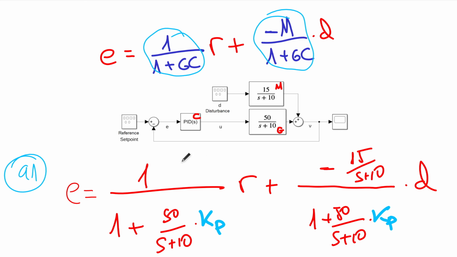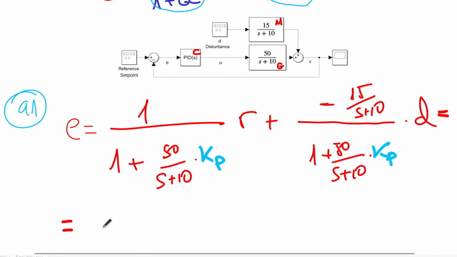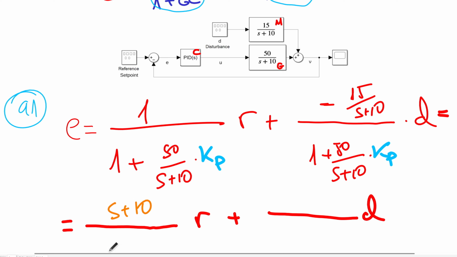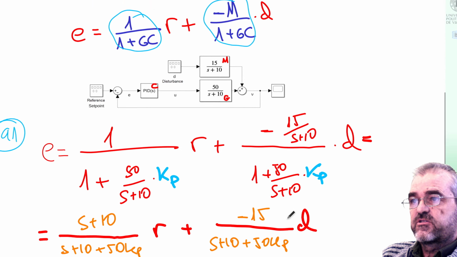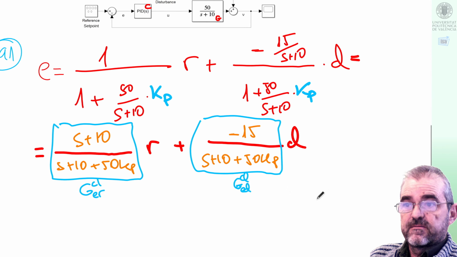So now, if we multiply times S plus 10 in the numerator and denominator of this big fraction, it's easy to realize that we end up with S plus 10 and S plus 10 plus 50 KP down here, and this thing there. So we have the two requested transfer functions highlighted in cyan.